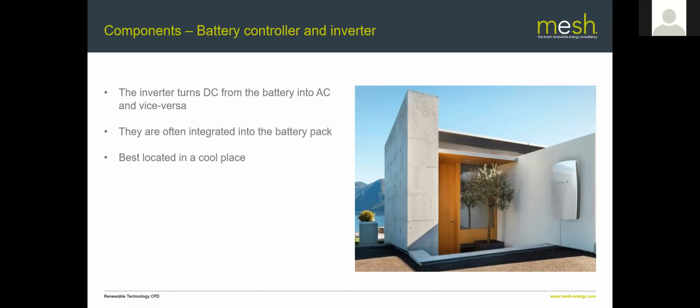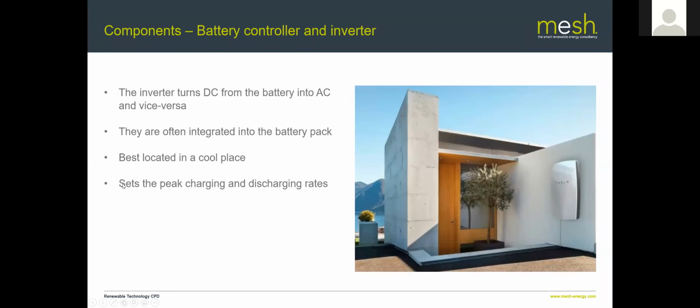Like all these things, there are good reasons for doing it, in terms of packaging, ease of installation, etc. So it's just something to be aware of. You can mix and match from different manufacturers and build systems to a certain extent. You have to be careful with voltages and all kinds of other things, so it's obviously an expert job, but the packaged systems offered by people like Tesla and Sonnen are really, really good.